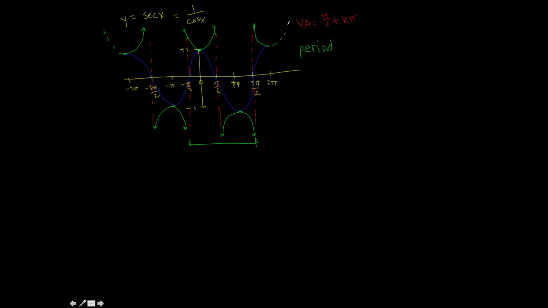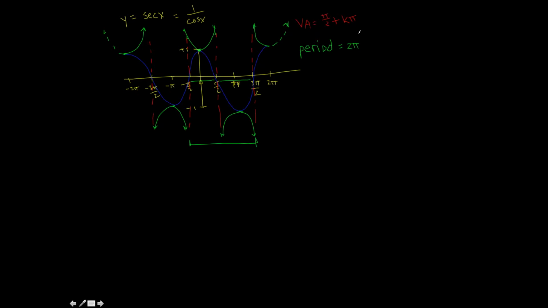See how we begin to repeat the values over again? Notice, this is pi and another distance of pi. So our total period is going to be the same as cosecant, which is 2 pi.